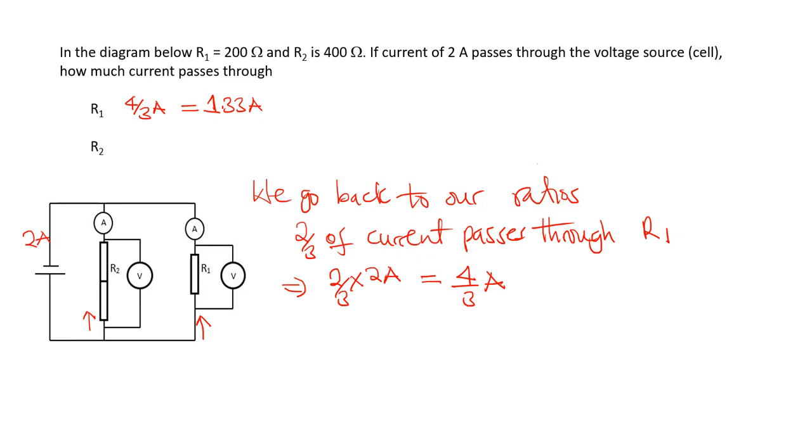Once you know the amps passing through R1, the amps passing through R2 will be 2 amp minus 1.33 amp, which will be 0.67 amp.